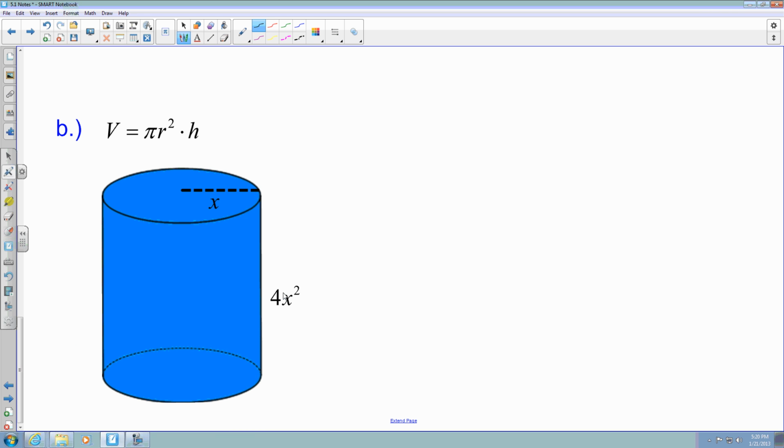Last example, I have V, which is volume, equals pi r squared times h. So my x here equals r, and this equals h. So if I go V equals pi times, which is r squared, that ends up being x squared, times h, which is 4x squared.